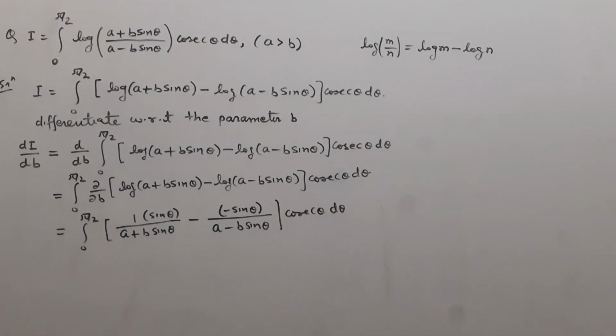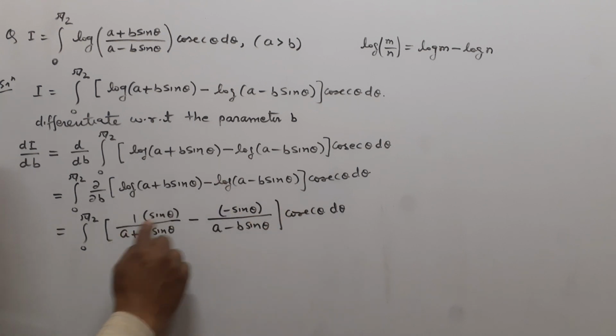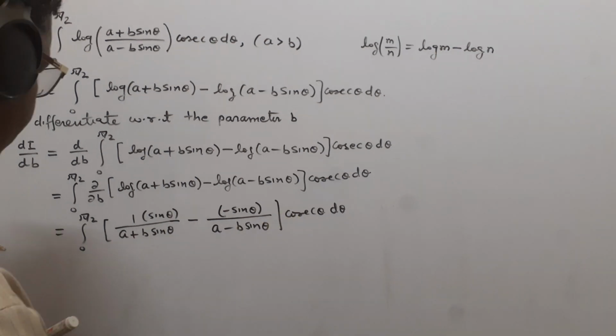Now we can see that if we multiply this cosec theta inside the bracket in both the terms, sin theta multiplied by cosec theta gives 1.